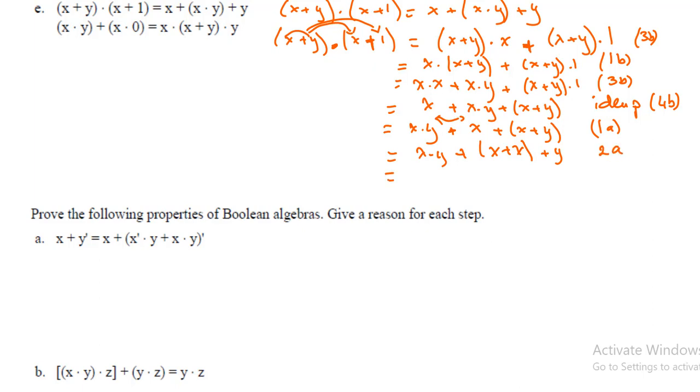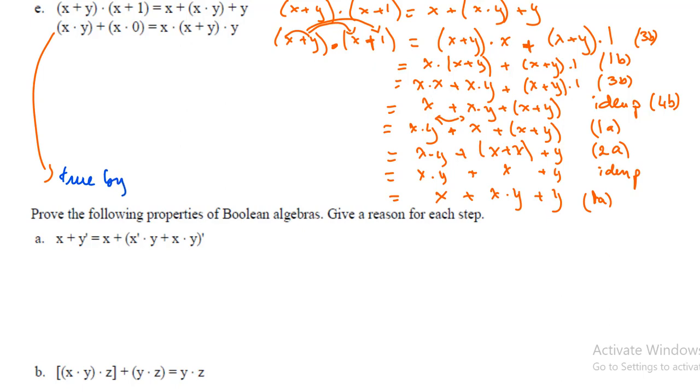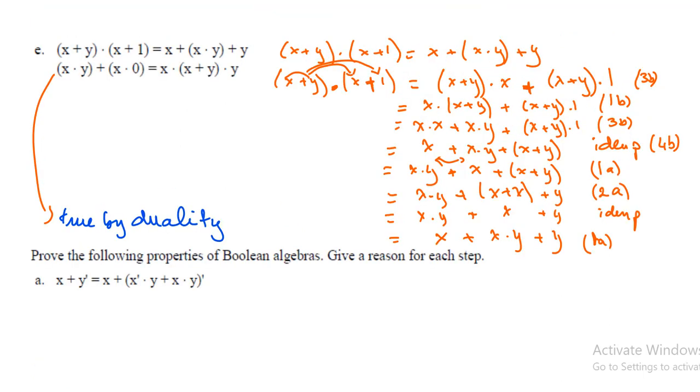And now we know that x plus x is x, because of idempotent, and then plus y plus xy. And the next thing, I'm going to rearrange it as we want it, which is x plus x dot y plus y. So all what I did is, again, commutative law, which is 1a. And this one here, I would say true by duality. So this is one way of proving this.